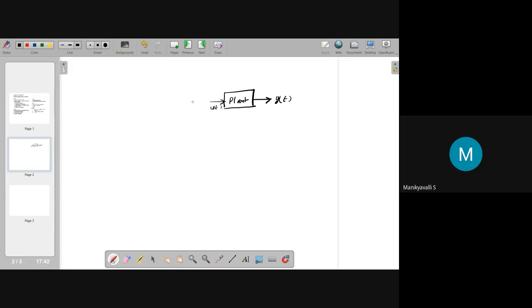Here you will have the controller, which gives the required actuator signals, that is, generates the signal that influences your output, and then you will have a reference signal R of t.